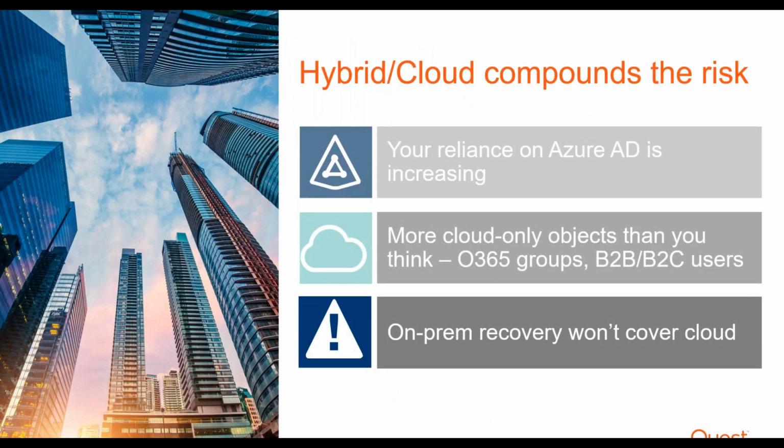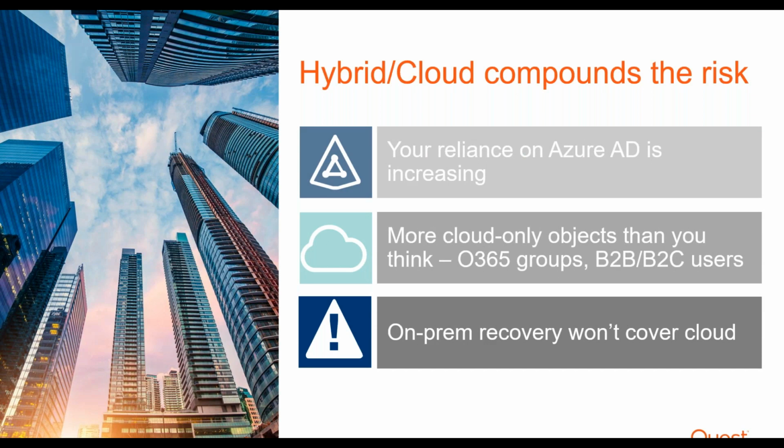And when we look at hybrid clouds, hybrid AD essentially, it adds additional risk. You've got additional and growing reliance on Azure AD. You might have application assignments, conditional access policies, multi-factor auth. There's a ton of stuff that's only in Azure AD.